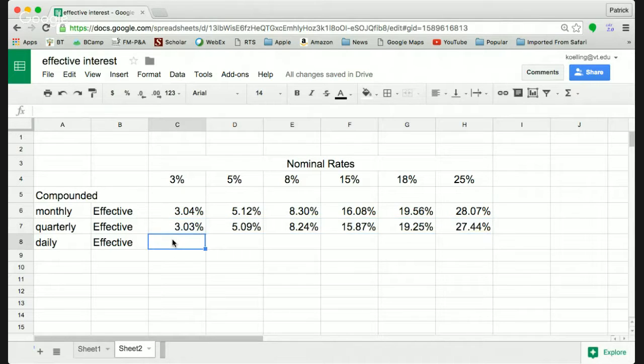Let's look at daily, because as it turns out, and you should check the fine print on your credit cards, at least there, they compound the interest every single day. Saturdays and Sundays, holidays, everything, they're compounding your interest. So let's look at the effects of that. That's equal to 1 plus R over M. What's M? 365.